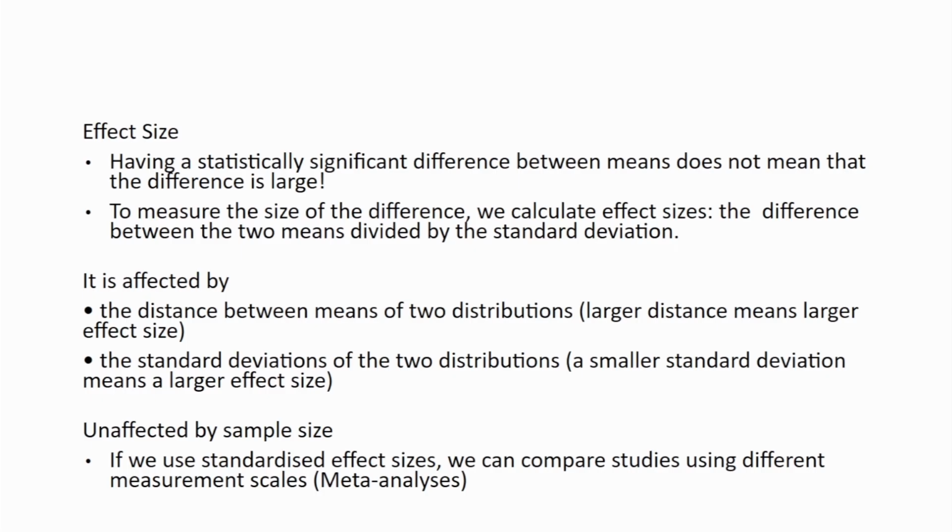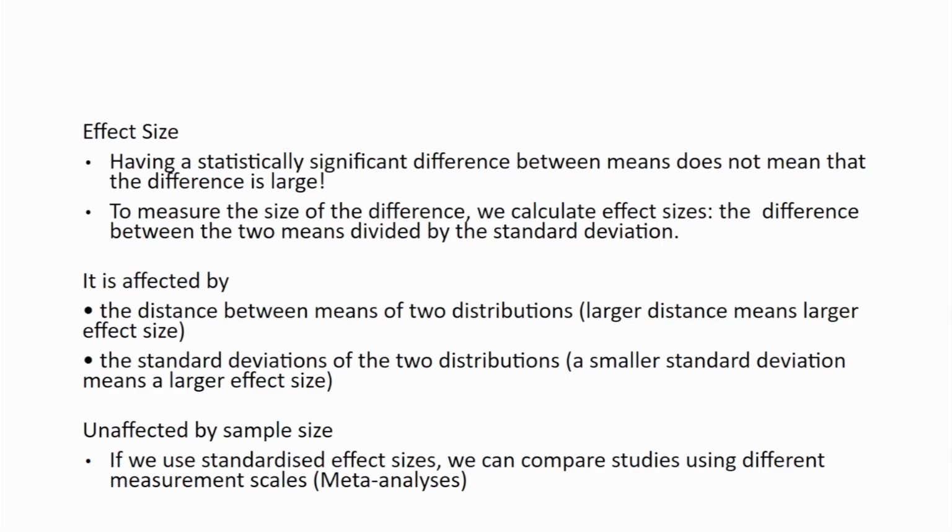Now, the effect size is trying to measure the actual difference, how much is the difference. If two samples are saying math scores of girls and boys are different in state A and state B, and we do the t-test, we get a difference. Now, what does it mean? How much is the difference? We cannot say that.